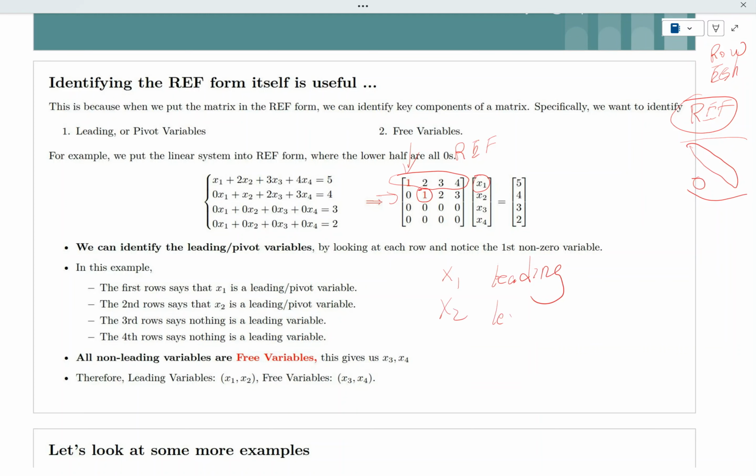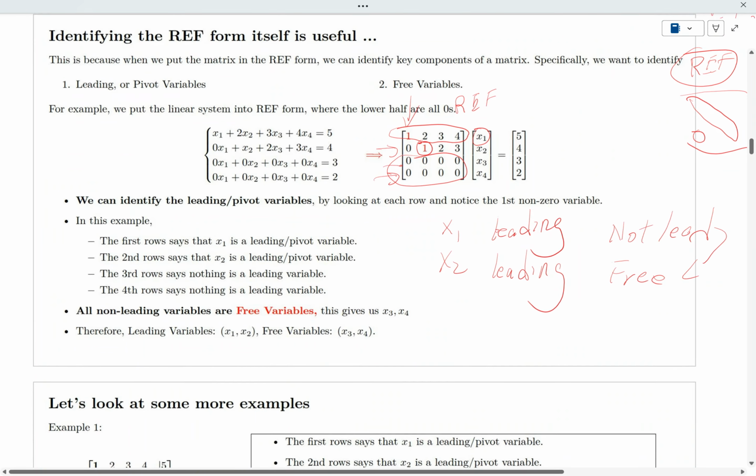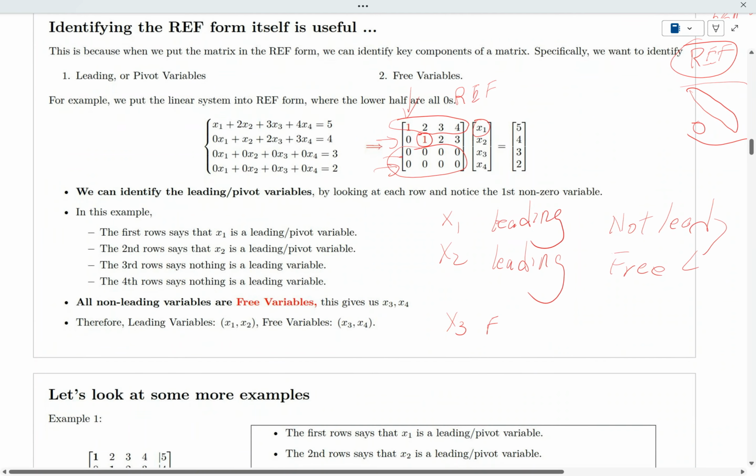That's also leading. And then there's nothing here, right? Everything is 0, so none of these are leading. Anything that is not leading must be a free. So this implies that x3 is free, x4 is free.